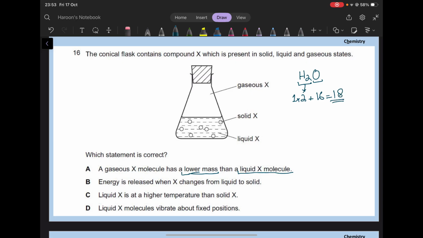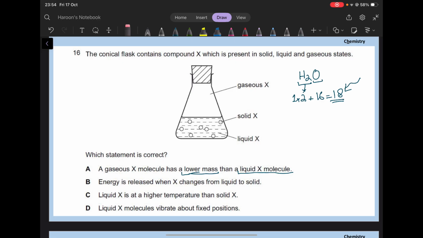Whether we have H2O in a gaseous state, in a solid state, or in a liquid state, this molecule will have this mass. So molecules have the same mass. It doesn't really matter in which state, the particle would have the same mass, whether it is in a solid, liquid, or gaseous state. So A is out.